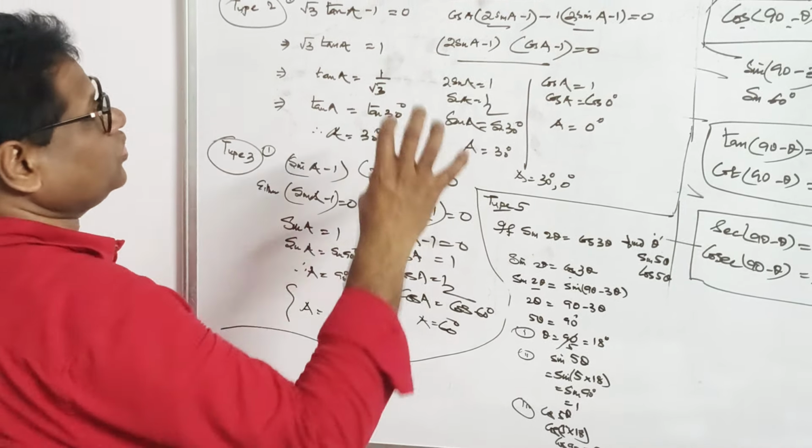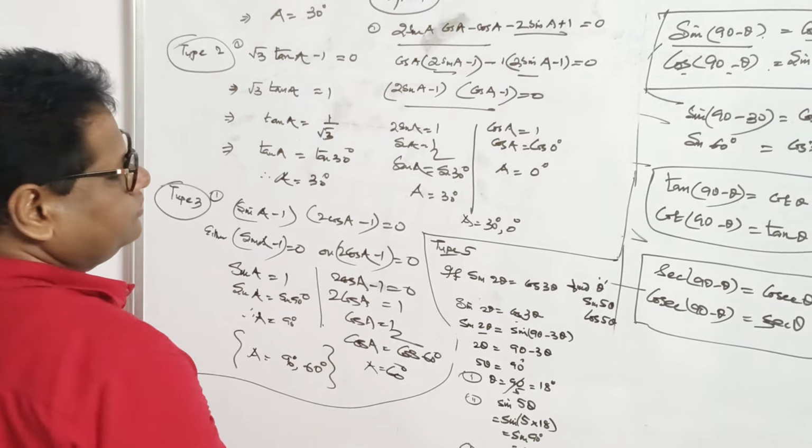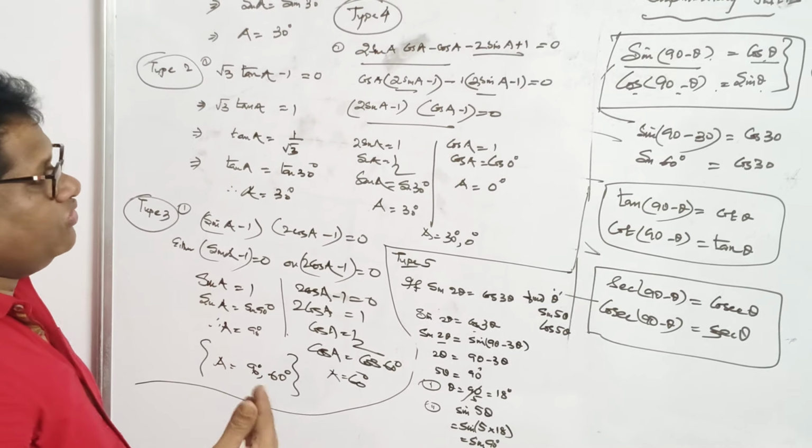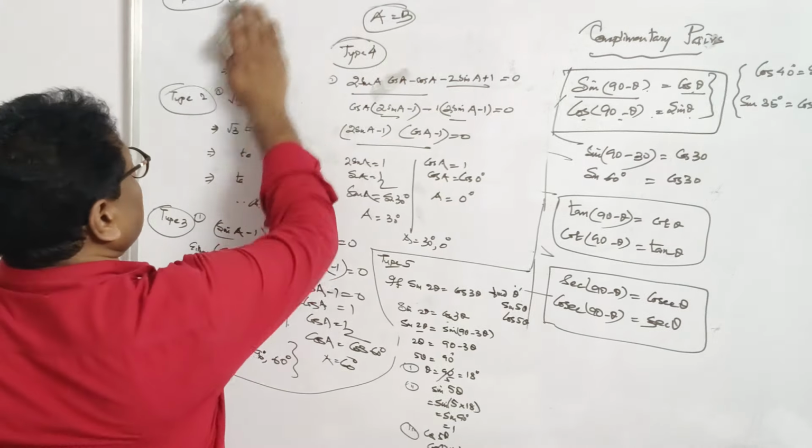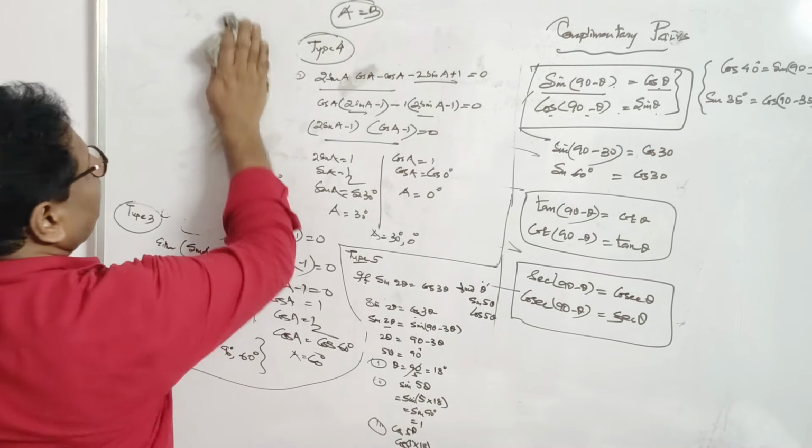So we have come across quadratic equation, simple equation. Now we are coming to simultaneous equations. There could be questions based on simultaneous equations also. Now look at this question.